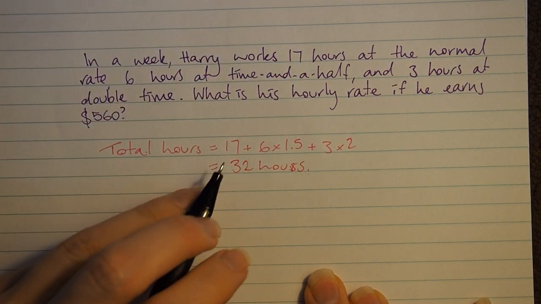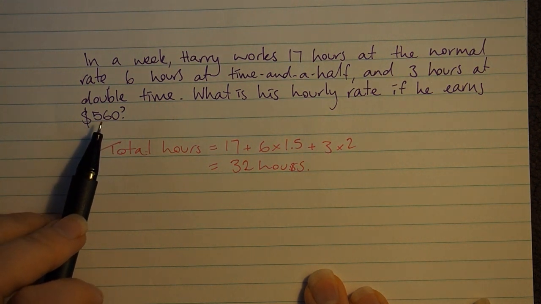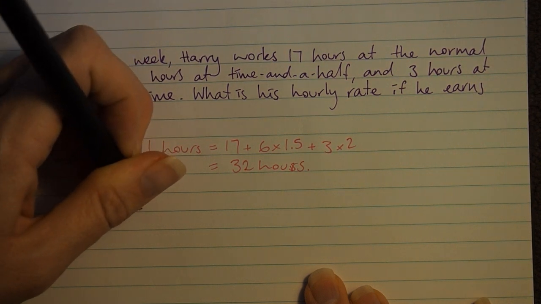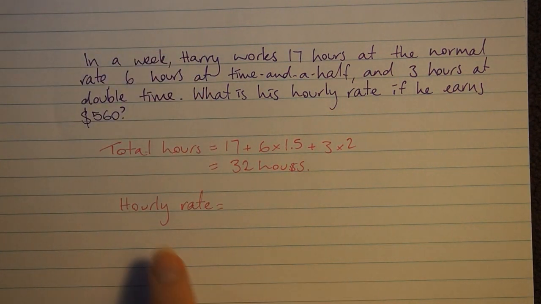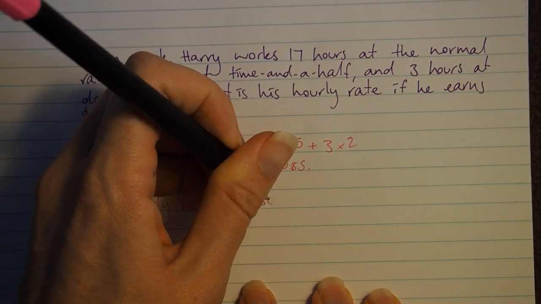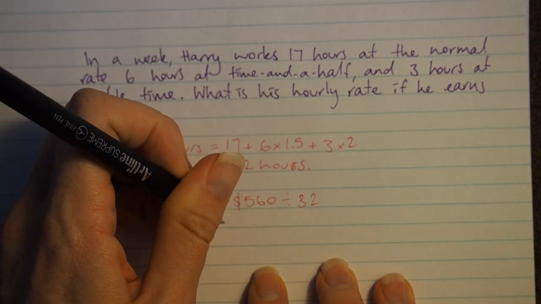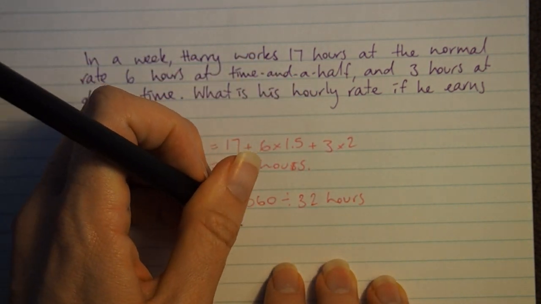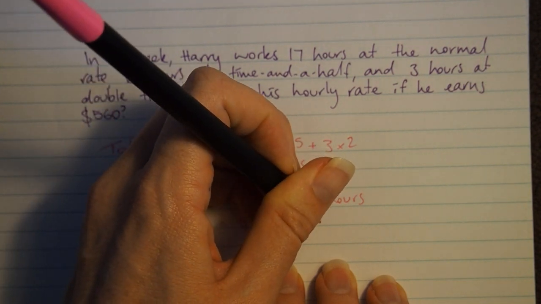Now that we have a set number of hours, we have our total earnings, and of course, that makes a really simple calculation. So Harry's hourly rate is going to be how much he earned, which is $560, divided by the hours he was paid for, which was 32, which gives us, I'm just going to write hours there because we know it's going to be a rate, $17.50 per hour.